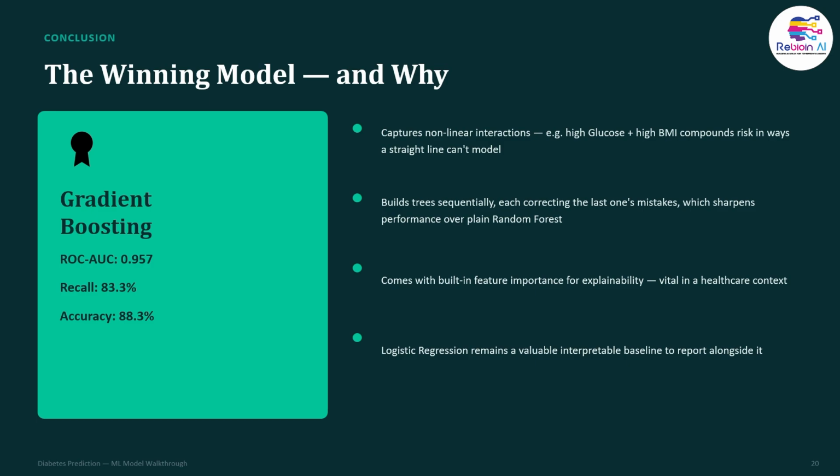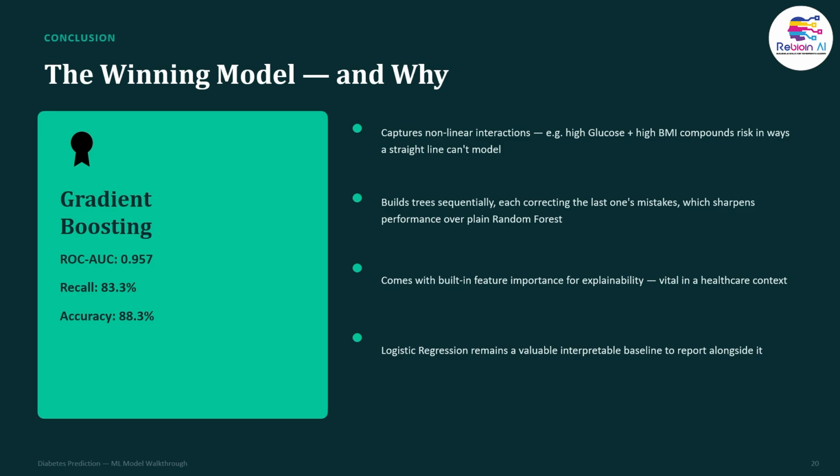It captures nonlinear interactions. For example, high glucose combined with high BMI compounds risk in a way a straight line simply can't represent. It builds trees sequentially, with each new tree specifically correcting the mistakes of the one before it, which sharpens its performance beyond a plain random forest.